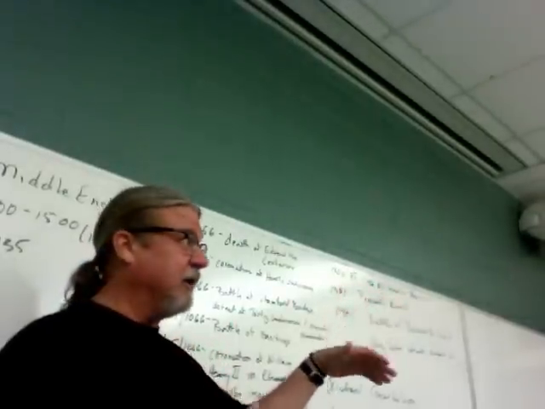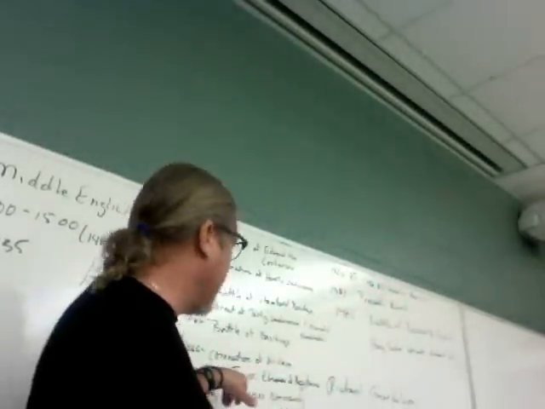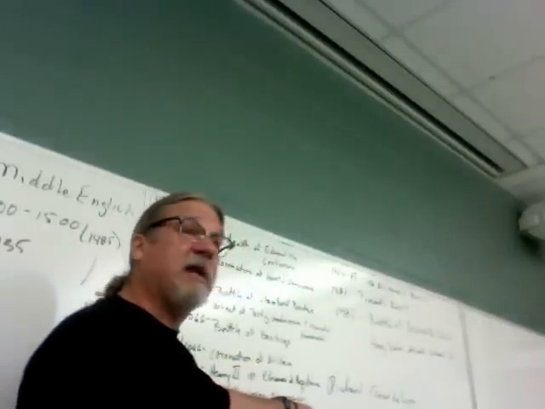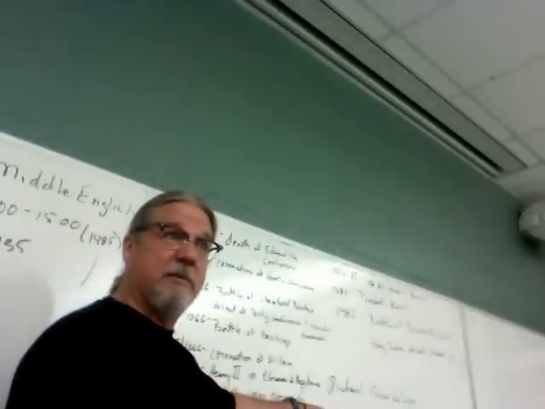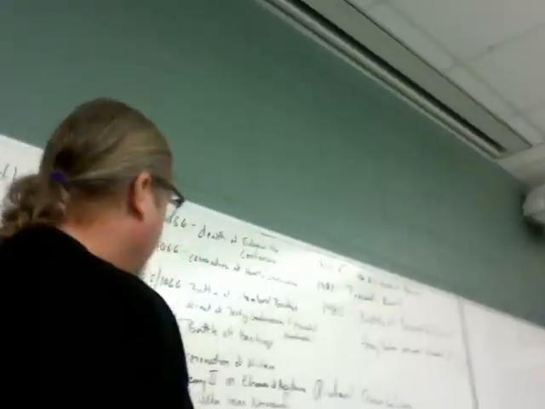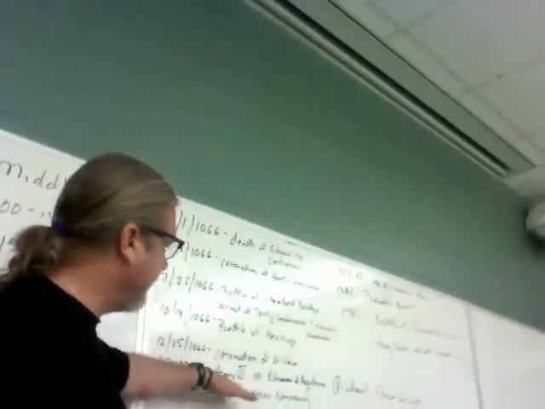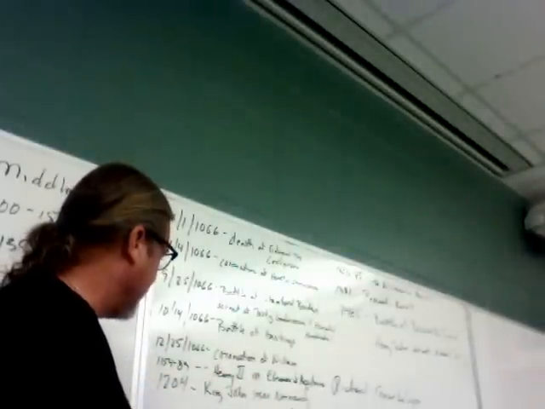So he essentially doubles his holdings. He's not only king of England, he is king of Normandy and some other properties in France. We'll talk about Henry and Eleanor and Thomas Becket a little bit later. But he's one of John's ancestors.